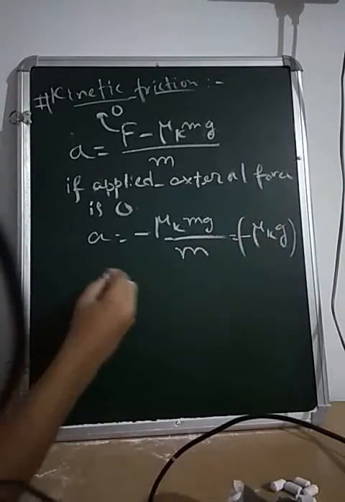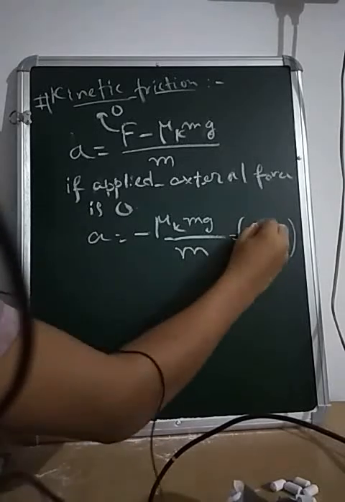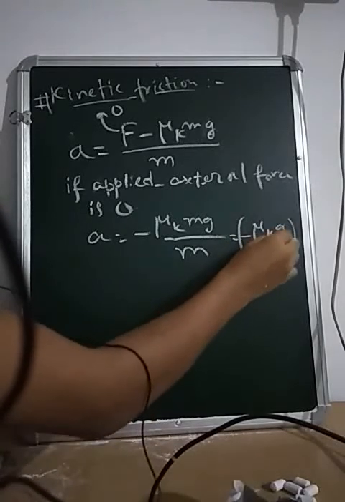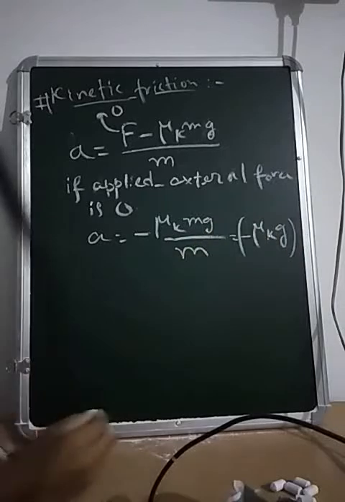Here mu k is the coefficient of kinetic friction, and g is the acceleration due to gravity.